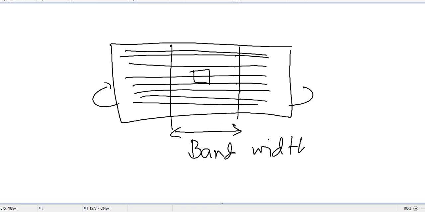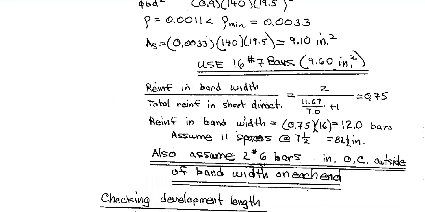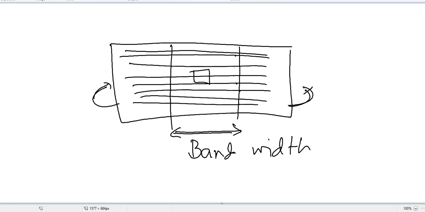Hopefully you understood. When this side and this side will bend upward, the most bending will be in this region, bandwidth. So when we provide the short reinforcement, how many, if I can remember, hopefully 16 bars, yes, 16 number 7, what we will do, we will provide most of the bars in this region, and some bars here, fewer bars here. How much here? That is that calculation. That is something new to rectangular footing. It was not in the square footing.